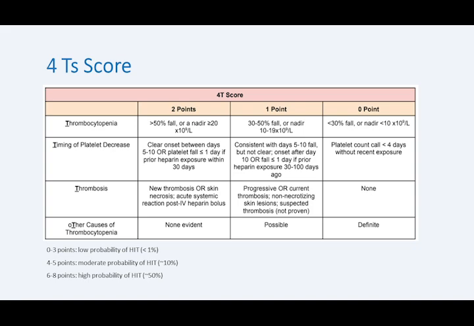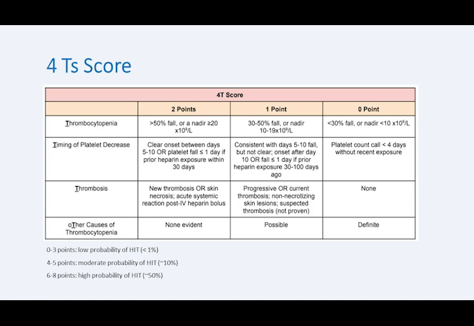Like I mentioned before, a clear onset between days 5 to 10 would be the highest possibility for HIT, or a drop in platelets in less than 1 day if we know for sure that the patient had some exposure to heparin in the past. So for example, they were here earlier in the month for an admission, had a cath lab procedure, and we know that they give heparin in cath lab, CABG patients, things like that.